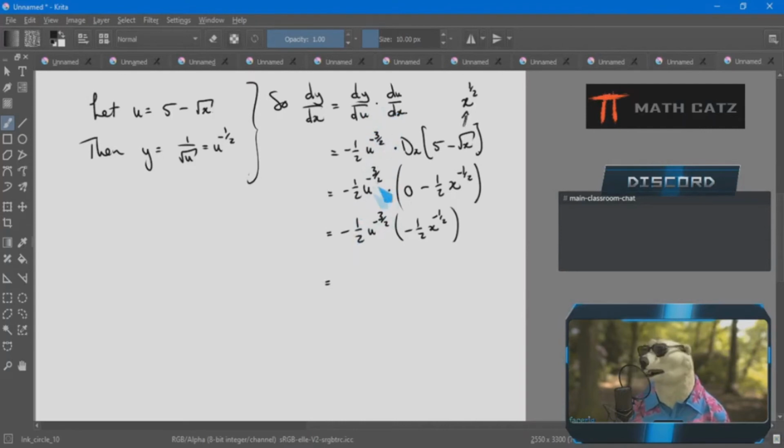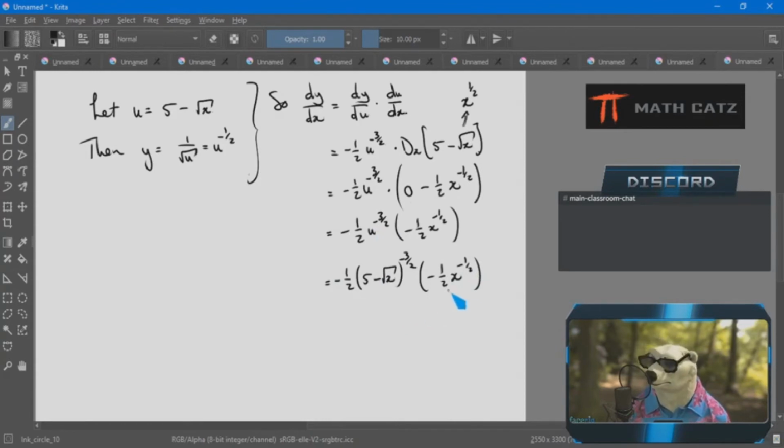Then I remember, okay, I just need to address the u, get rid of it to have my final answer as negative 1/2 times (5 minus root x) to the negative 3 over 2 times negative 1/2 x to the negative 1/2. I don't even merge those two negatives. I do nothing else but replace the u with what it means.